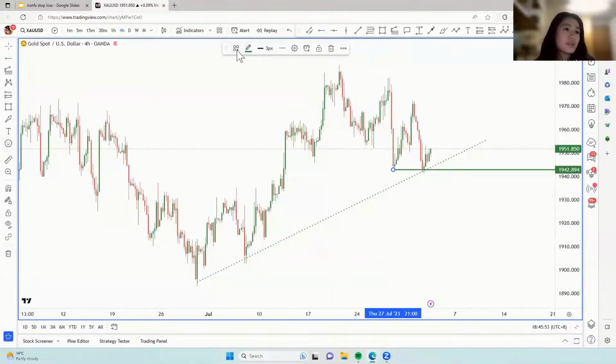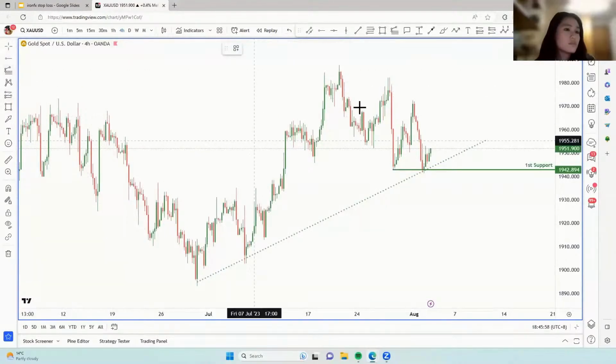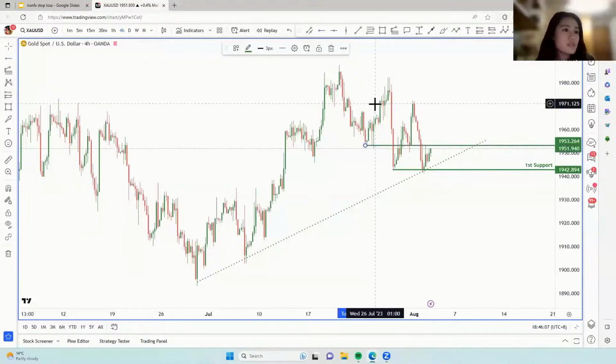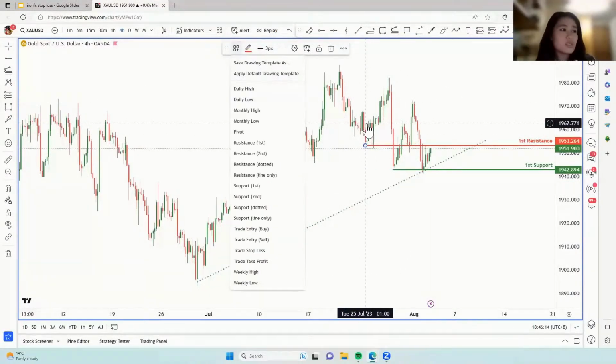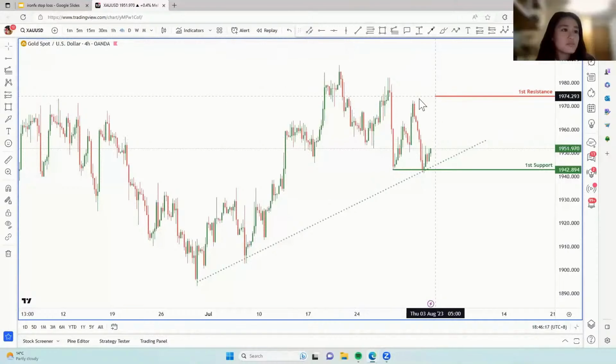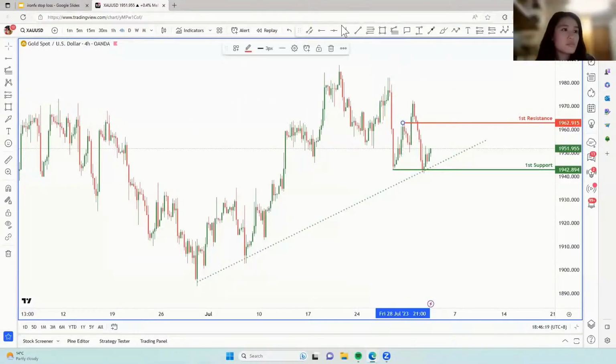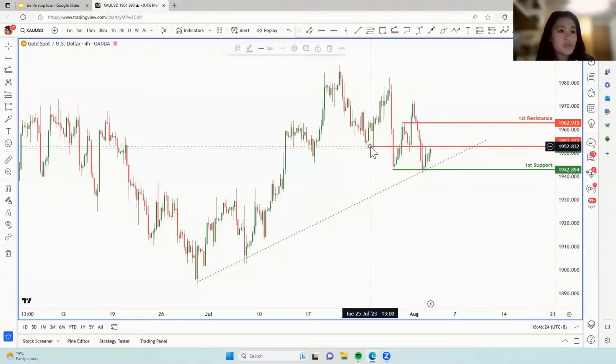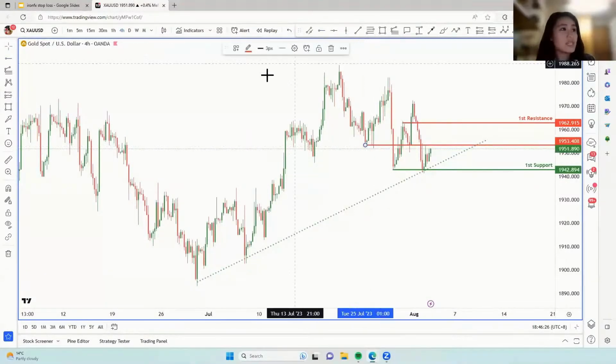Okay, so I have a support level here. Next, I have a resistance level here. But I'm not going to label this as my first resistance. I'm just going to call it an intermediate resistance because it's really close to where price is at currently.